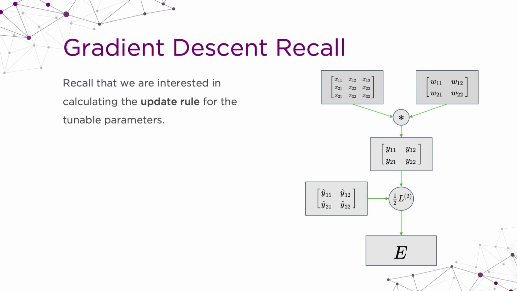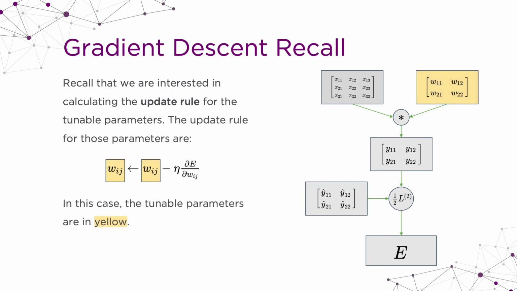Remember that what we're trying to do is gradient descent. So we want to calculate the update rule for all of the parameters that we can tune in our network. Remember that in the convolution case, what we're learning are the parameters for our kernels. So we initialize them at random at first, and we want our network to learn what the best kernels are to solve our task. So we want to first figure out these parameters right here.